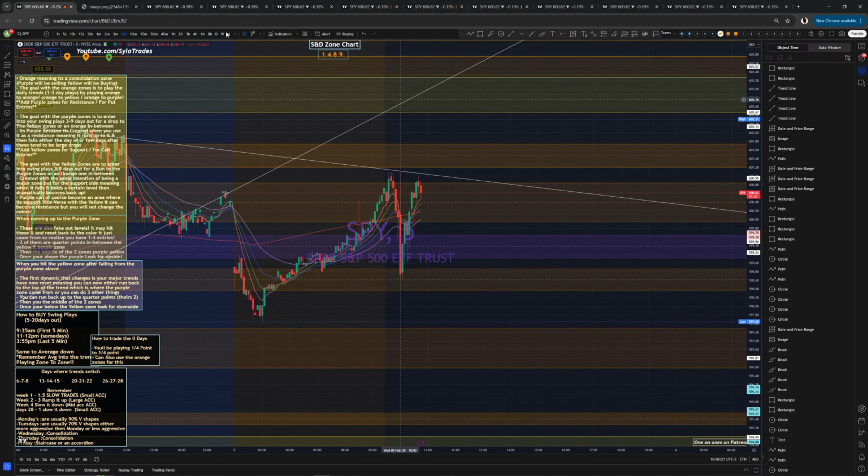Remember, if you get above this wedge right here, which is this white line at 601, there's a very good chance you could run straight up to 602. That's all I'm waiting for right now. Right above 601.